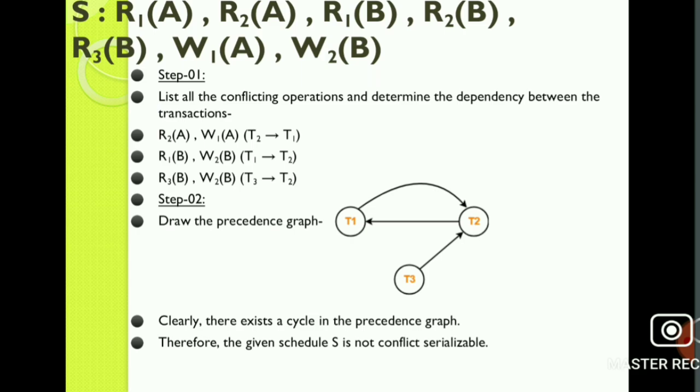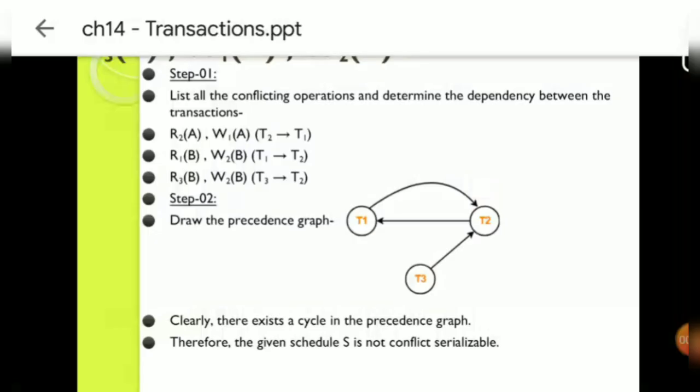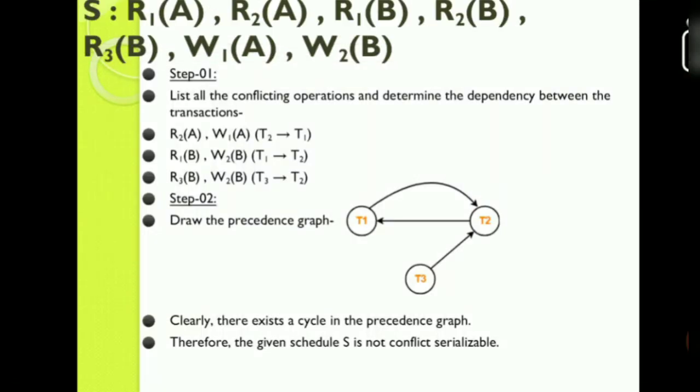So a question can be asked either theoretically or a schedule can be given and asked to determine whether it is conflict serializable or not. Since a cycle is present in this precedence graph, we can conclude that the schedule is not conflict serializable.